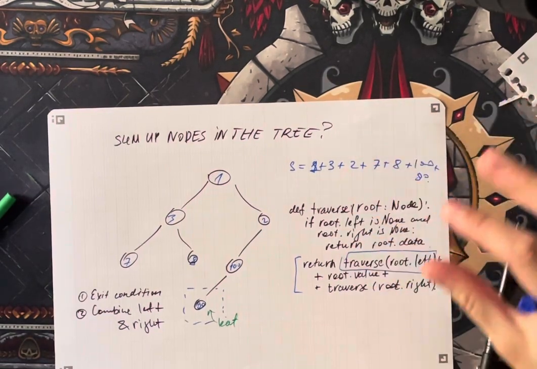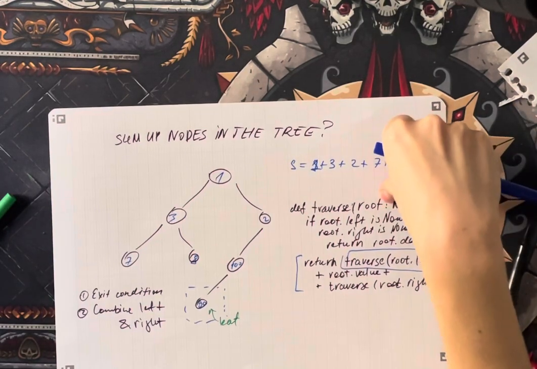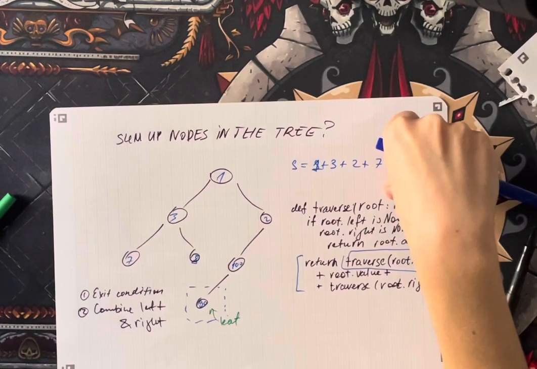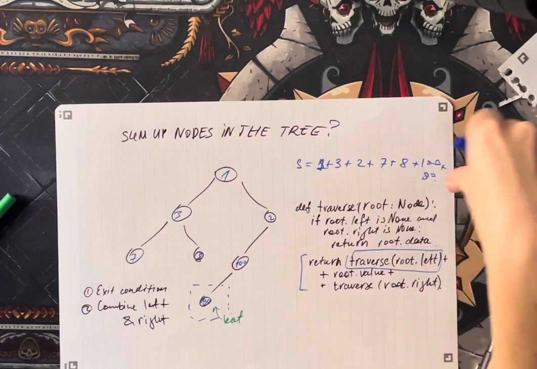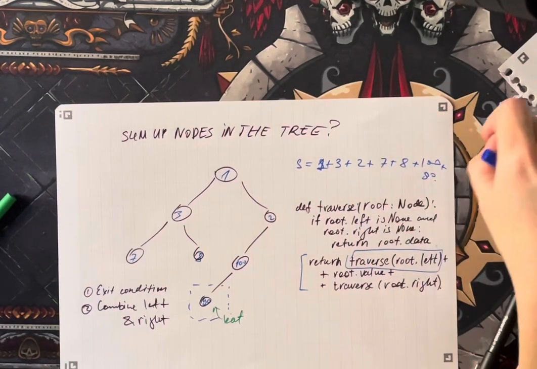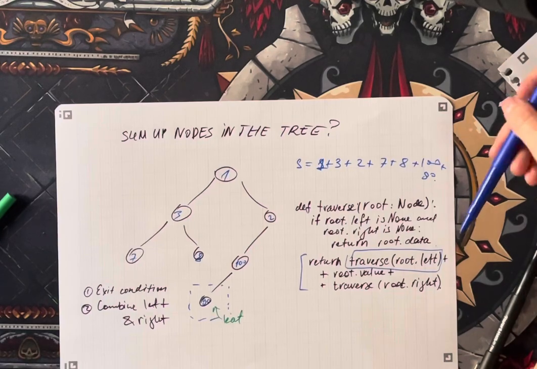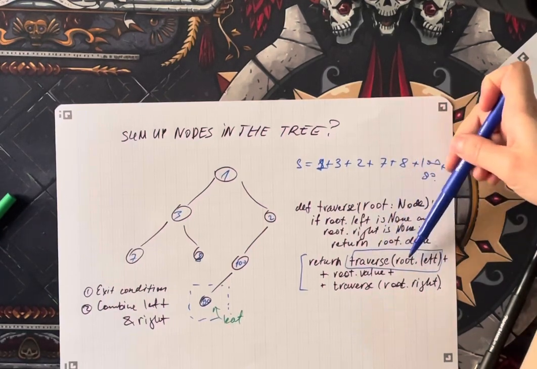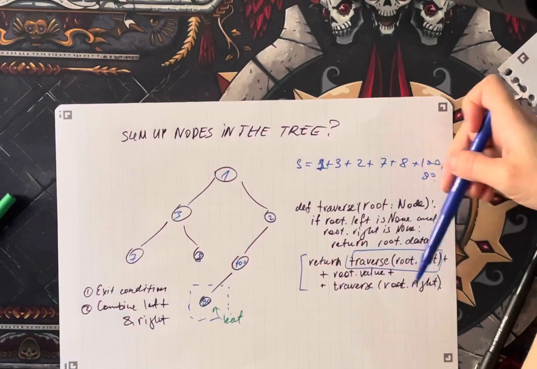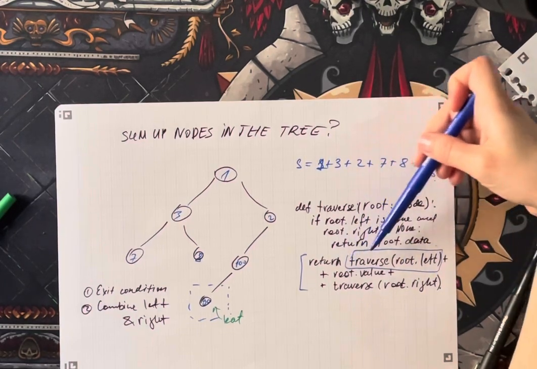Basically, we have 2 ways to do it. The first way is we assume that root can be None by itself and the sum of None is 0. So root can be Optional of Node. We can say if root is None, return 0. This is one way to solve it. The other way to solve it is to check that root.left and root.right are not None and do things accordingly, right?